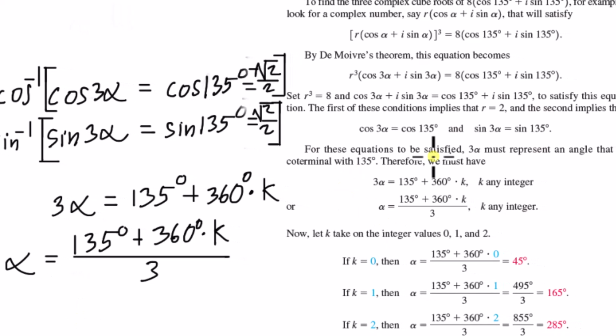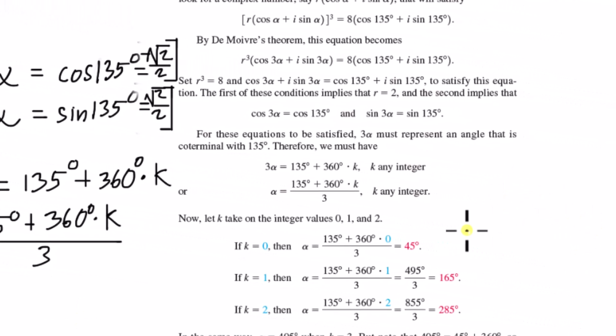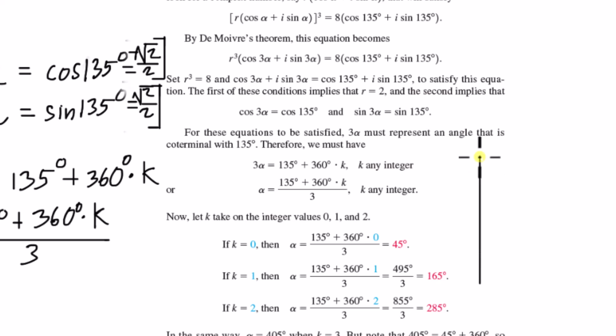And yeah, we can do that here because we're looking for unique numbers in the complex plane that, when you cube them, you're going to get 8 cis 135 degrees.